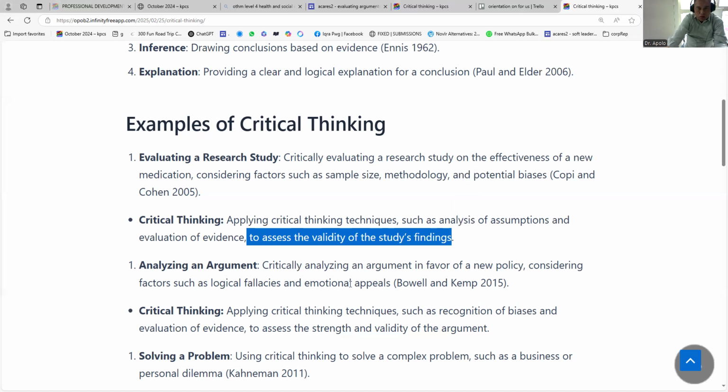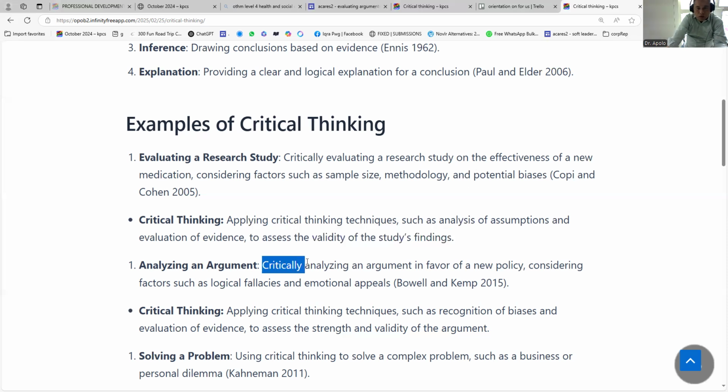that doubts the correctness. Another example, analyzing an argument: critically analyzing an argument in favor of a new policy, considering factors such as logical fallacies and emotional appeals. So critically means careful consideration. So the critical thinking there is applying techniques such as recognition of biases. Biases are assumptions, beliefs that can be subjective.